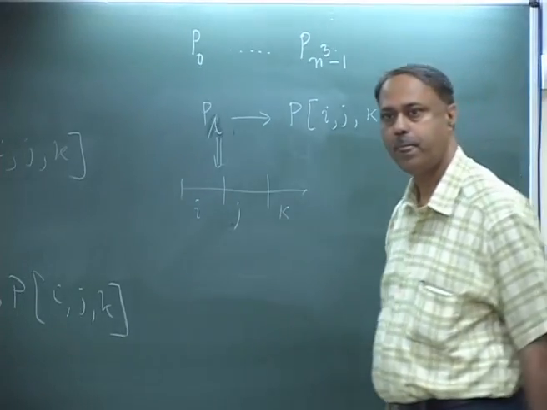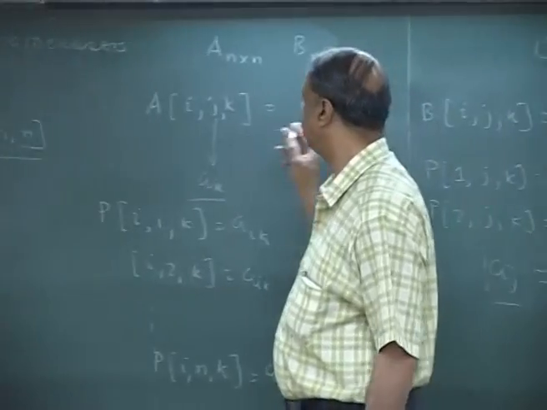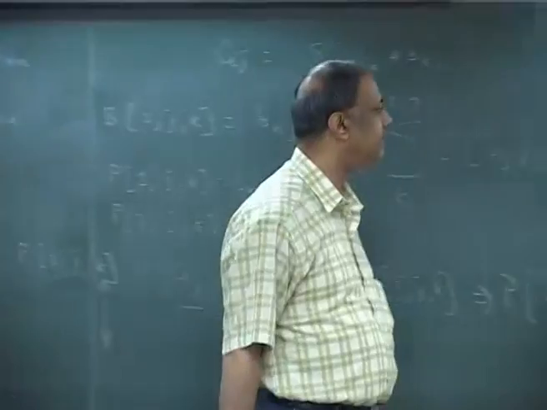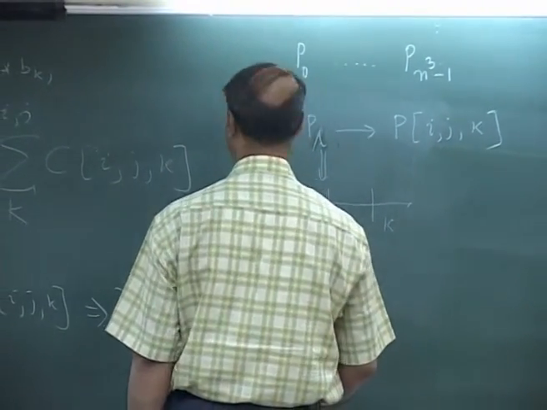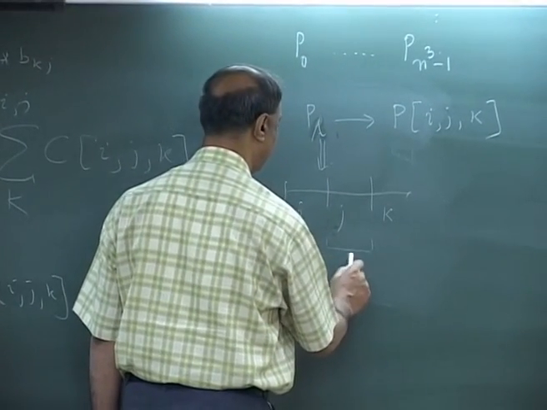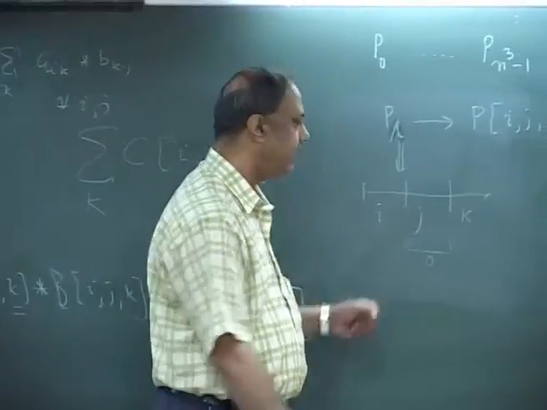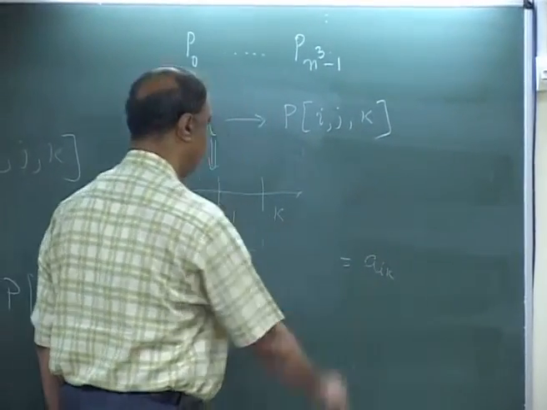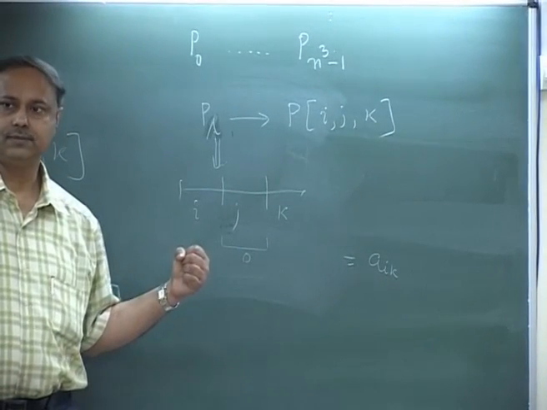Now, initially, what I told is that initially Aik has to be stored somewhere. Initially I put Aik where this J bits are 0, right?